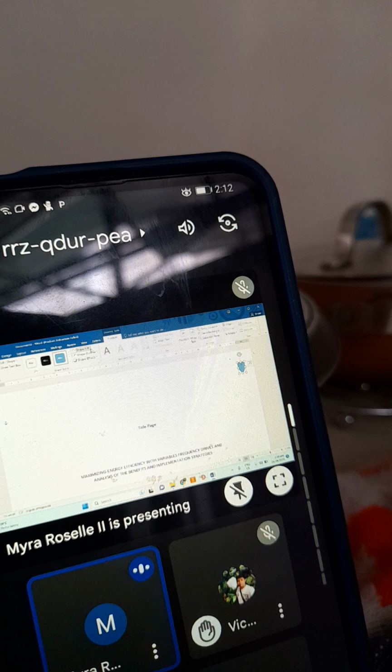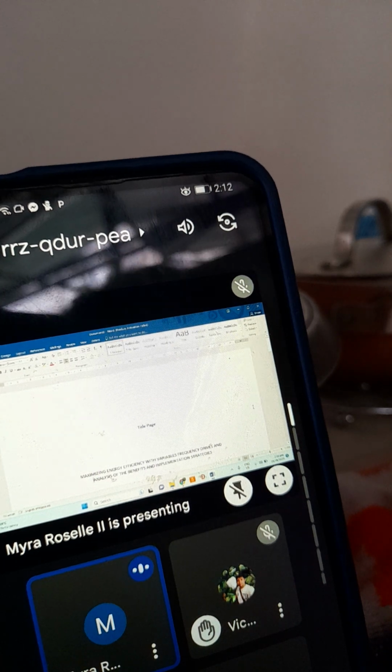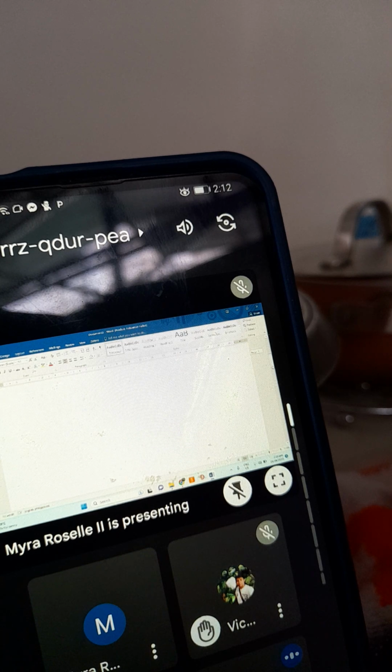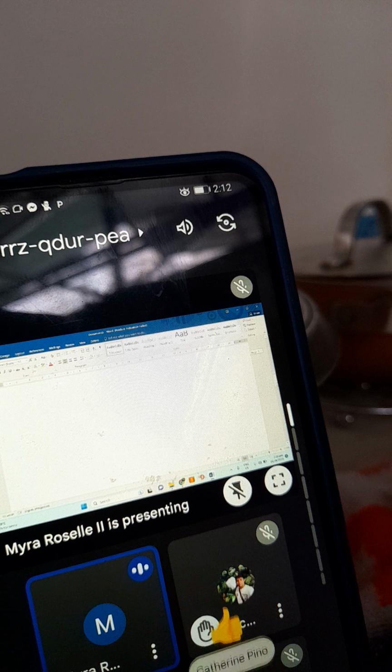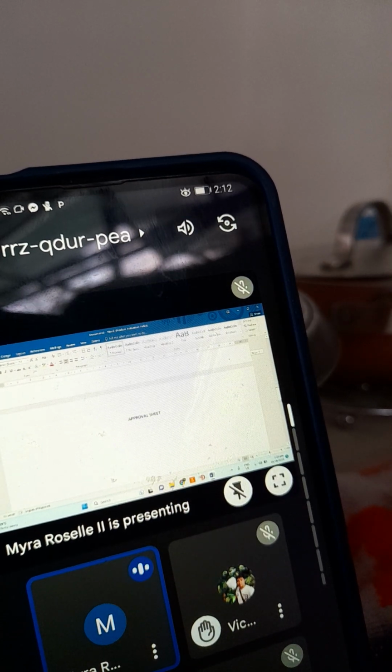After, go to shape fill, white, shape outline, white. Fill, white, everything white.